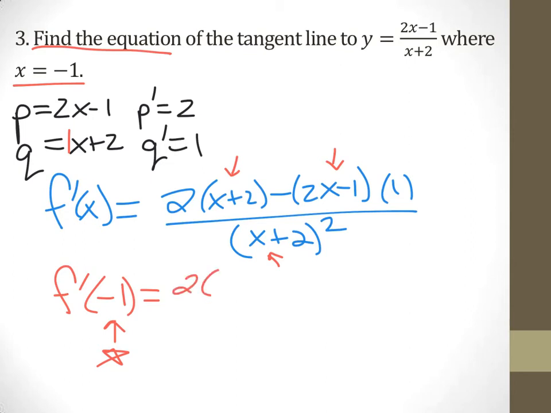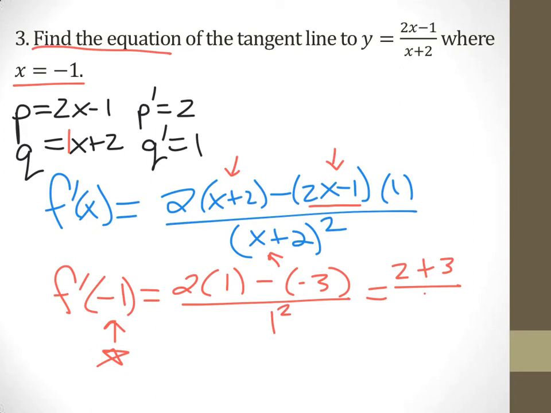So f prime of negative 1, so what do we get? 2 minus 1 plus 2 is 1. Now I'm in here. 2 times negative 1 is negative 2, times negative 2 minus 1 is negative 3, times that negative out front, so it's negative 3 here. That's going to give us 2 plus 3. In the denominator, we put a negative 1 plus 2 is 1, so 1 squared, 1.